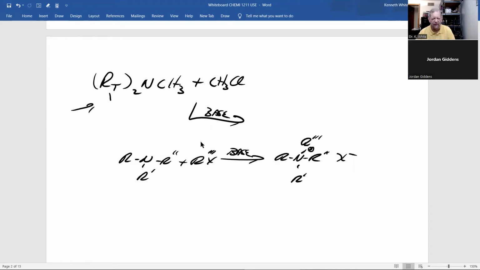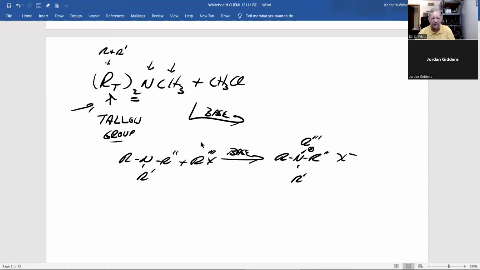Now, remember, R sub T is a tallow group, and that comes from beef fat, yellow grease, white grease, and that means it's 18 or 16 carbons with or without a double bond. Now, what we really have here is a tertiary amine. I'll call this, notice there are two of them, R and R prime.